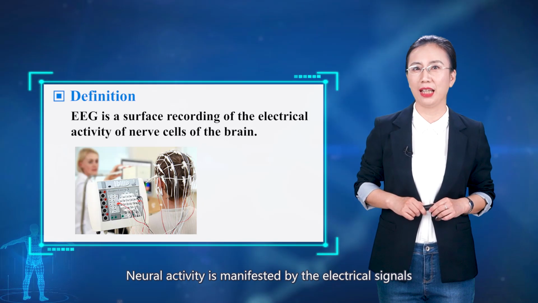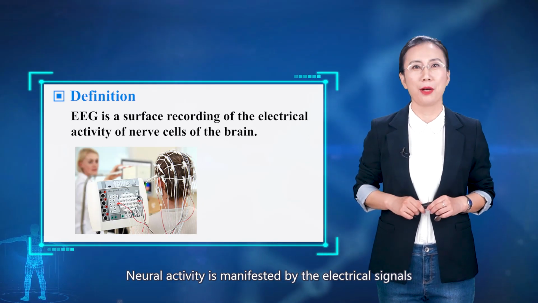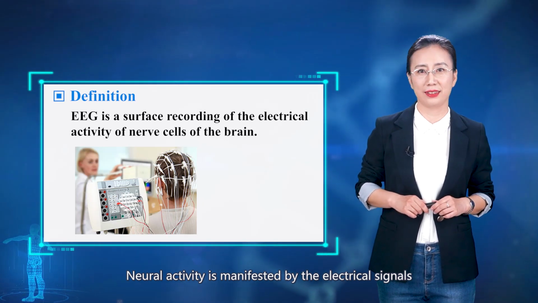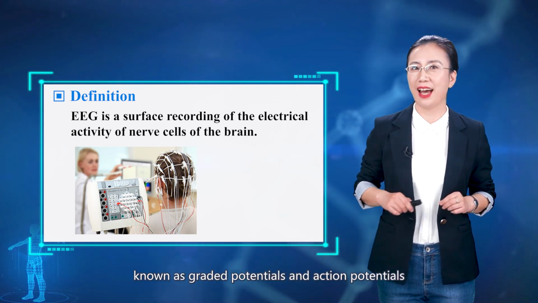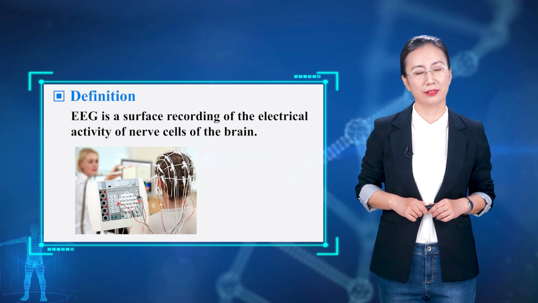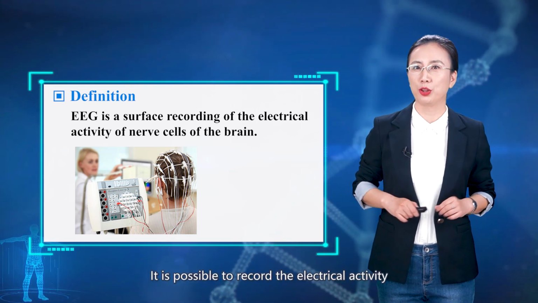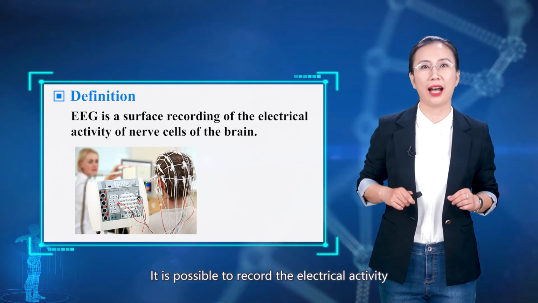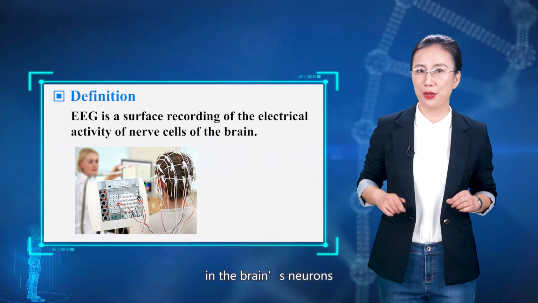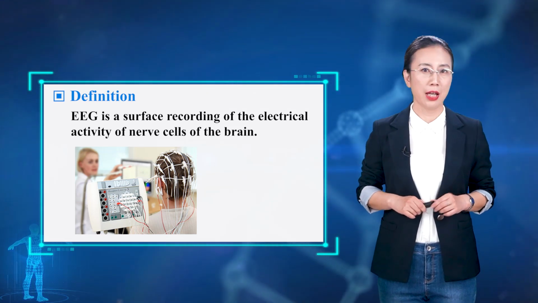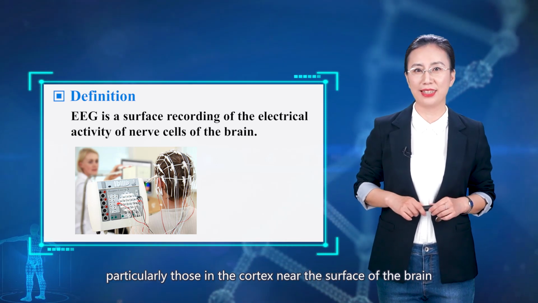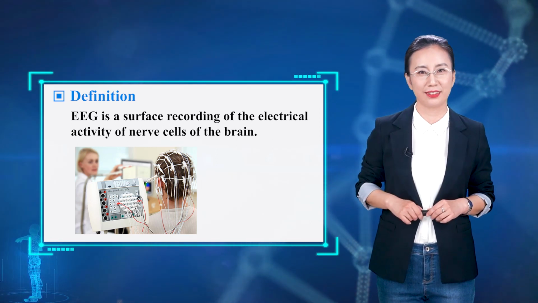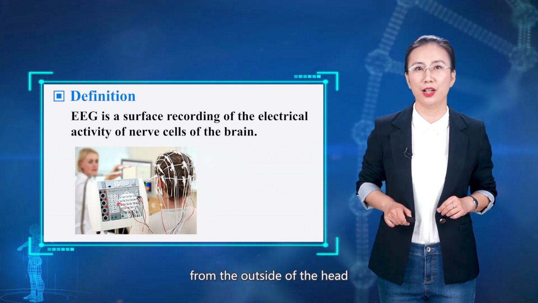Neural activity is manifested by electrical signals, known as graded potentials and action potentials. It is possible to record the electrical activity in the brain's neurons, particularly those in the cortex near the surface of the brain, from the outside of the head.